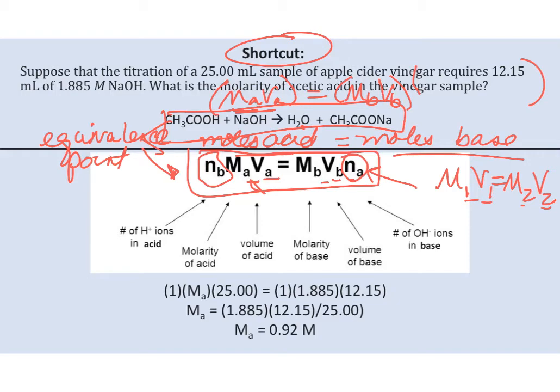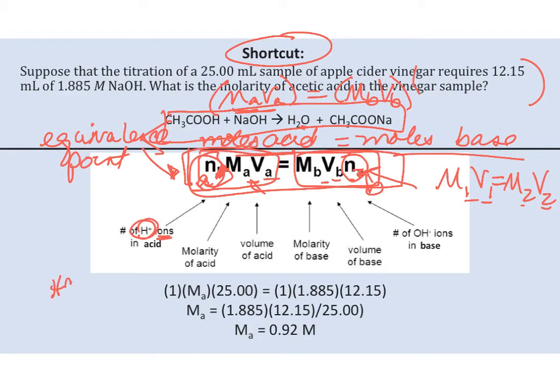And pay close attention, because it's a very common error. Oh my gosh, I had these mixed up. Shoot, sorry about that. All the acids go together and all the bases go together. All the B's go together, all the A's go together. All right, so Na is the number of hydrogen ions in one molecule of the acid.